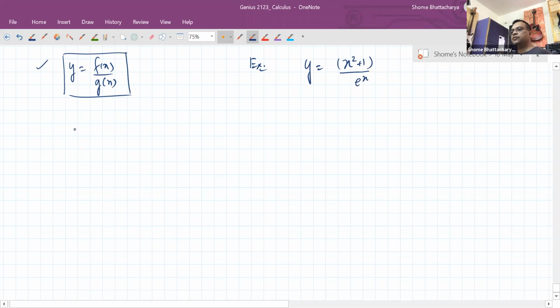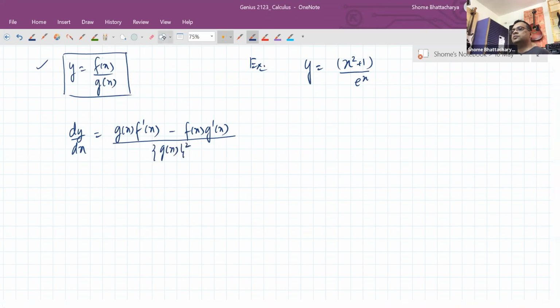So it's again given by a formula. Now this one is a little bit more complicated. It is denominator into differentiation of numerator minus numerator into differentiation of denominator divided by the denominator whole square. So this is a bit of a monster formula, and it takes some time getting familiar with it.